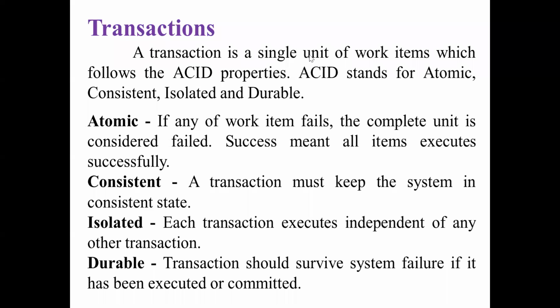Atomic means if any work item fails, suppose one item of the work fails, then the complete unit is considered as failed. If all the items are executed successfully, then it is considered a success. So atomic means once any work item fails, the entire work is called a failure.